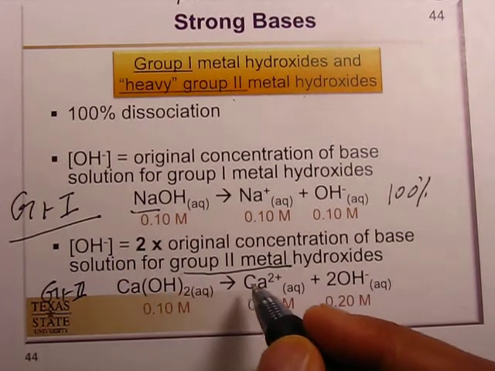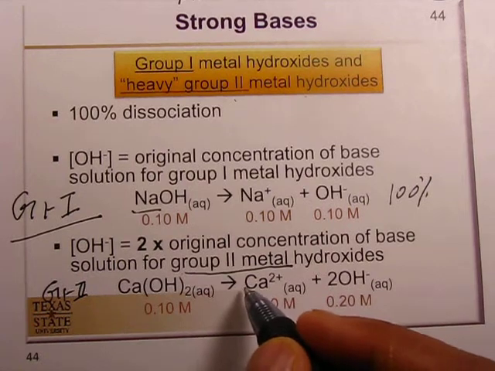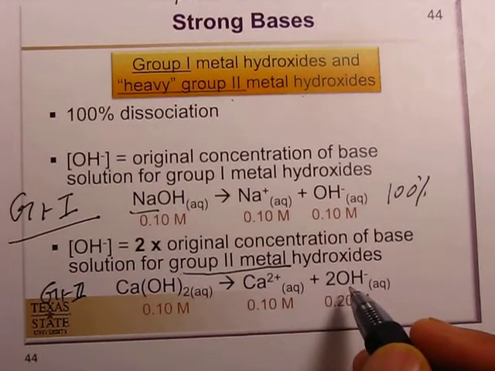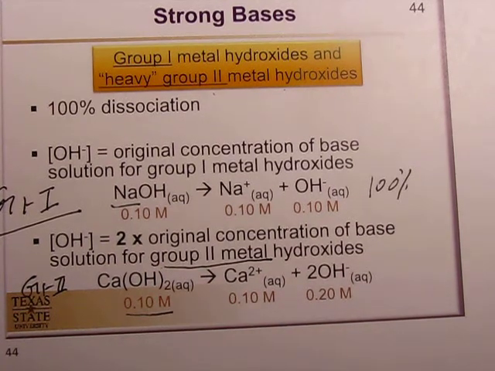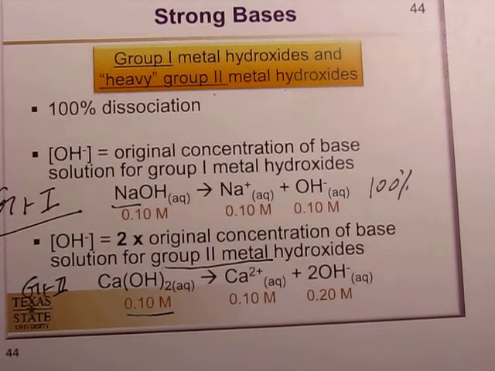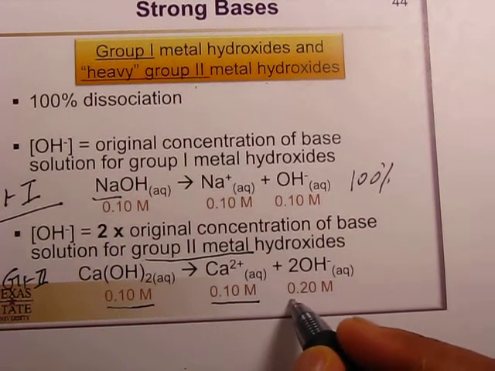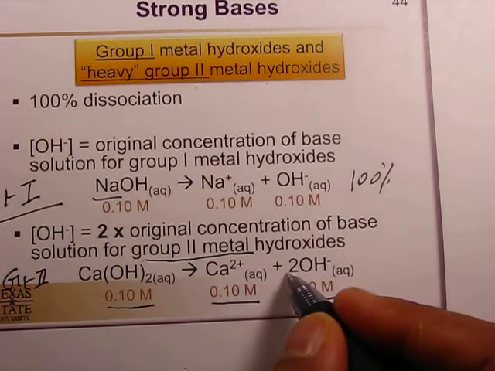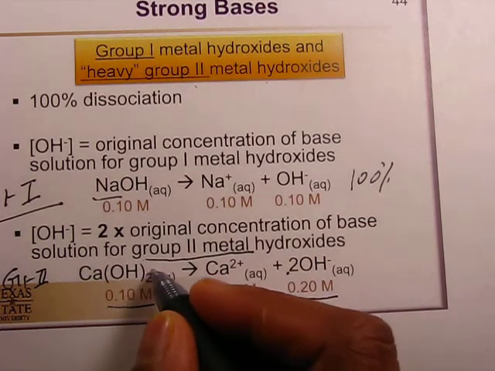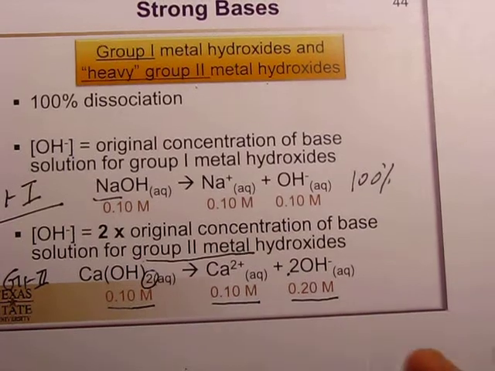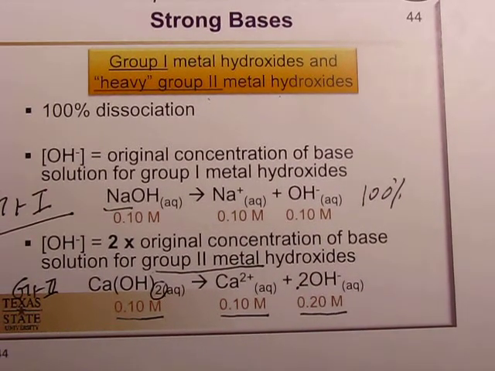So 1 mole of calcium hydroxide will give 1 mole of calcium ion and 2 moles of hydroxyl ion. If we have 0.1 mole of calcium hydroxide solution, we'll get 0.1 mole of calcium ion and double that of the hydroxyl ion, because for each mole we are getting 2 hydroxyl ions. So this is the important thing.